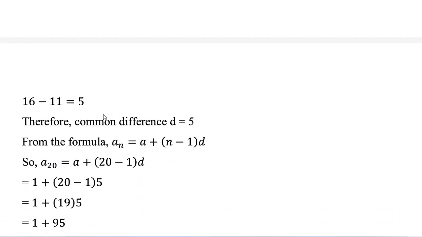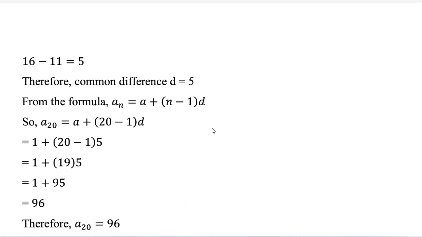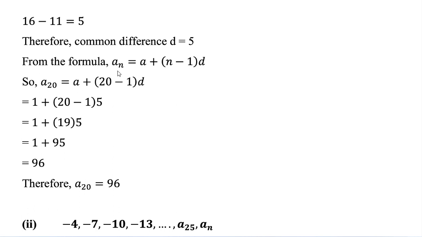So the common difference is 5. There is a formula for an, the nth term: a plus n minus 1 into d. So a20, the 20th term, we can find out with a plus n minus 1 into d.